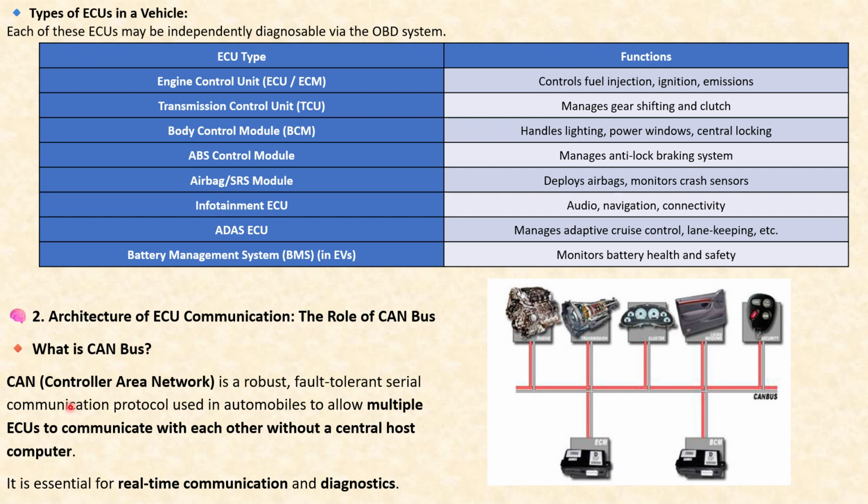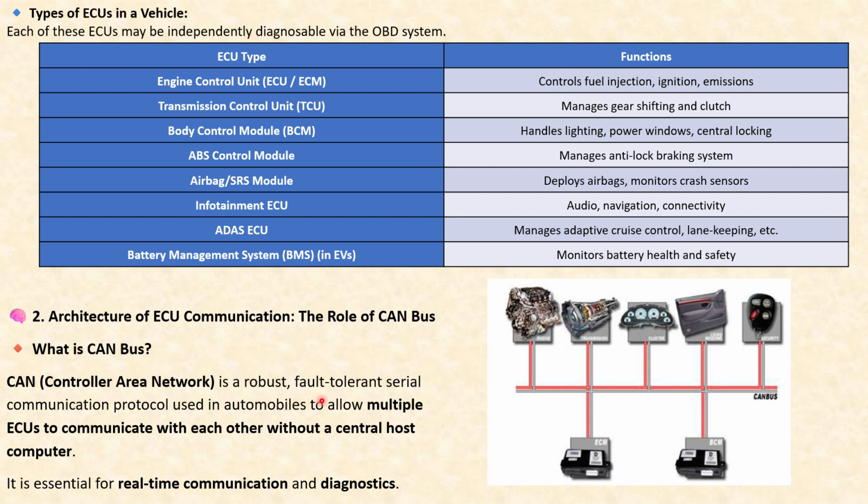Now coming to the architecture of ECU communication, the role of CAN bus. What is CAN bus? Controller Area Network is a robust fault-tolerant serial communication protocol used in automobiles to allow multiple ECUs to communicate with each other without a central host computer. I'll read this sentence once again because it is imperative that you understand what this CAN bus is and why it has become such a robust communication protocol.